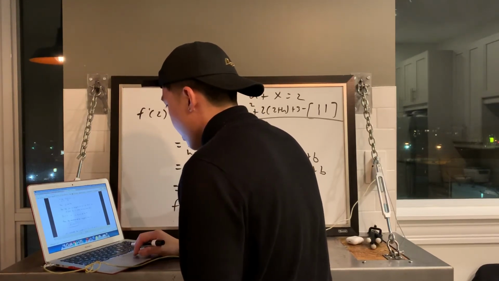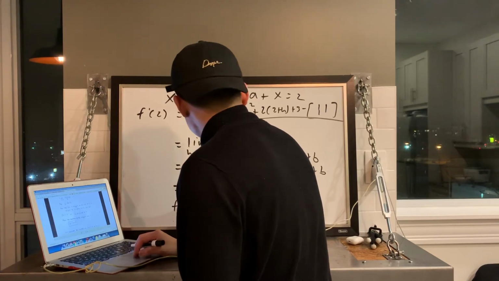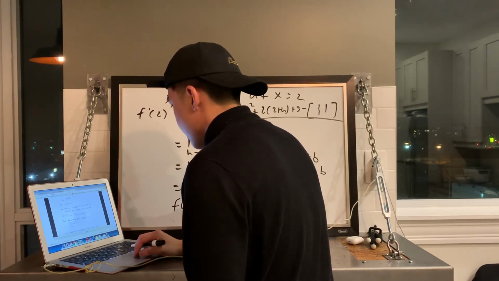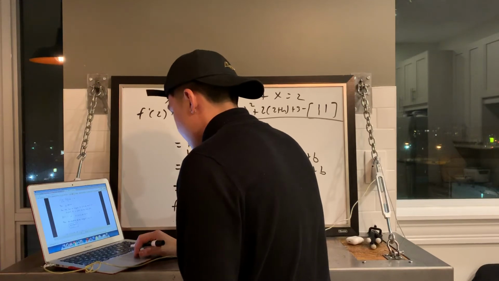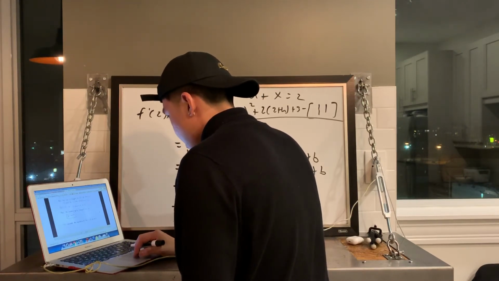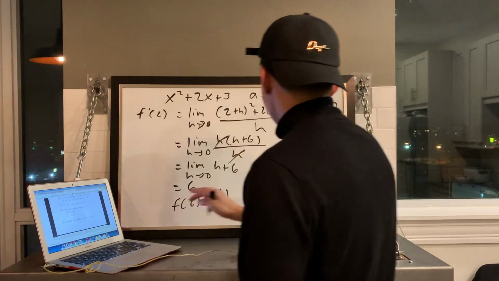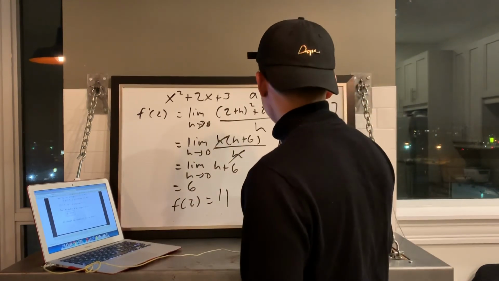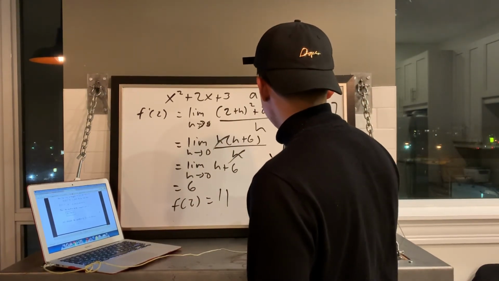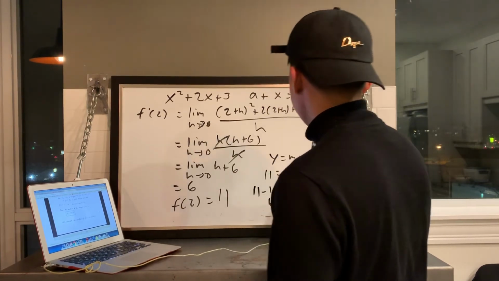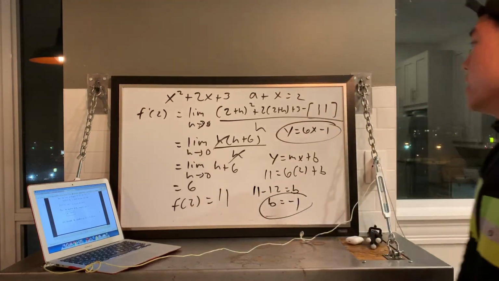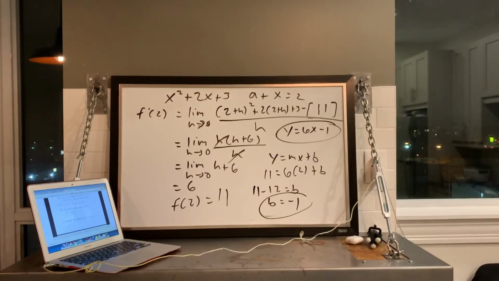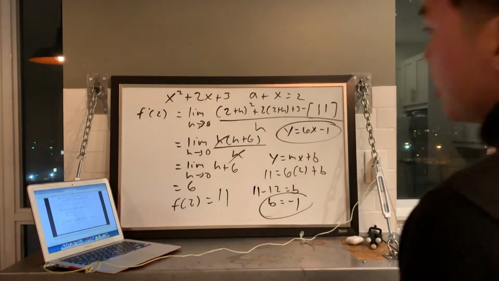So you get 11 minus 12 equals b, so b equals negative 1. So the whole equation would be y equals 6x minus 1. That would be your actual equation of the tangent line using the definition of the derivative.